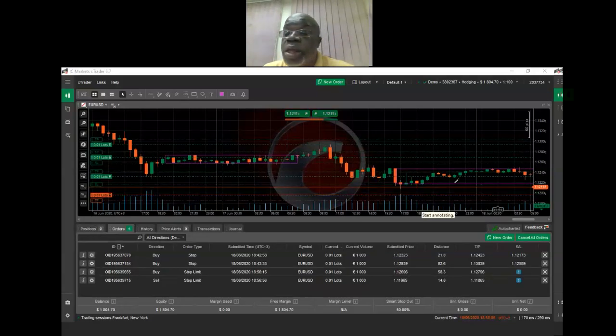All right, so this is the channel, and we've taken a buy stop at that point, a sell stop at that point, but we only want 10 pips. This is 10 pips right here, and we only want 10 pips at the bottom right there.